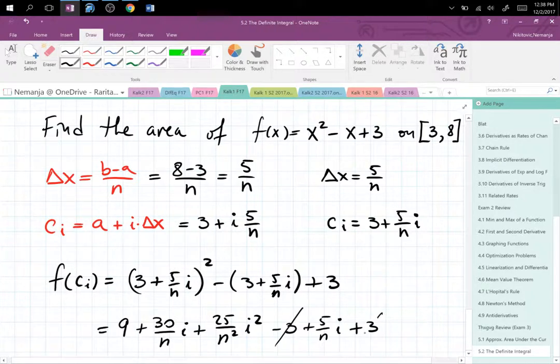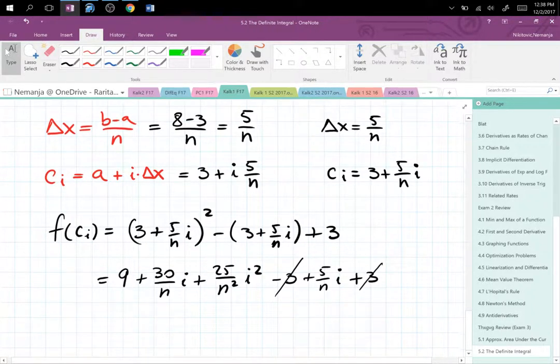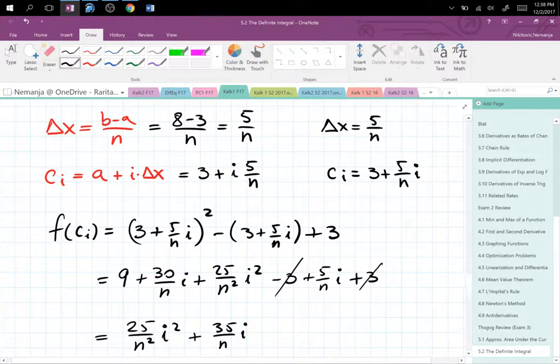And then these guys die. And I get to add like terms. So the final answer over here, and I'll put it in a descending order. So 25 over n squared i squared first. Then plus 35 over n i second. And then plus 9.